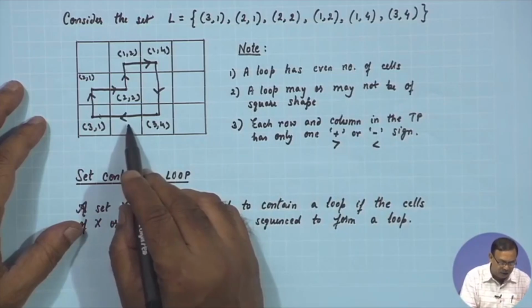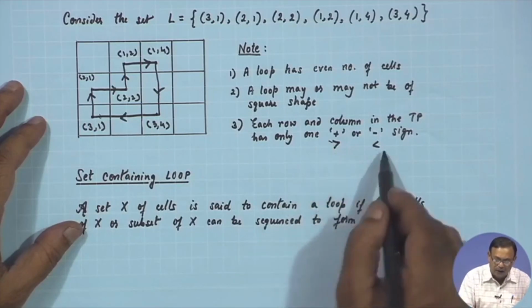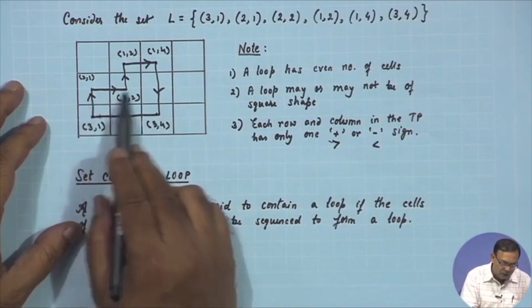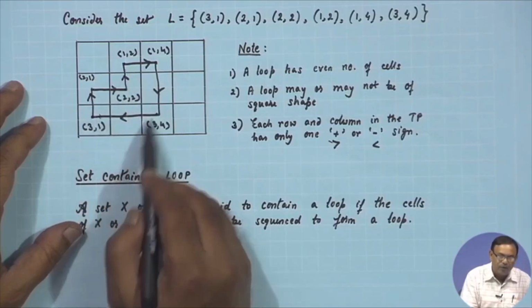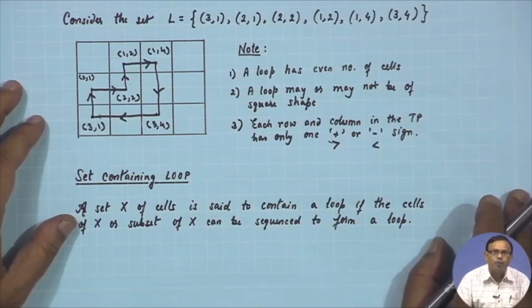At present we are considering it as an arrow sign. There will be either this greater than sign or minus sign in each row or column which has been formed. Then we say that this forms a loop. I hope what a loop is, it is clear.